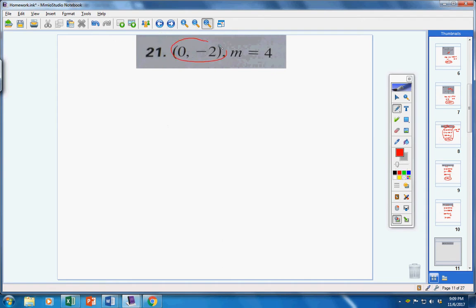Alright, number 21. And here we go. We're given a point and a slope. Okay, so we use this formula here. Students, here's my x, here's my y, and here's my m. So, y minus a negative 2 equals m, which is 4, in parentheses, x minus 0.